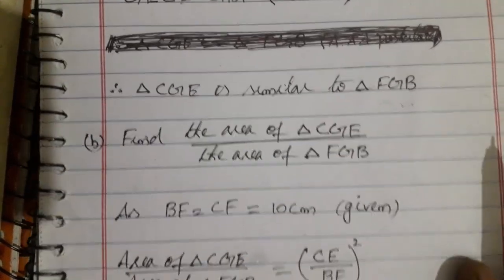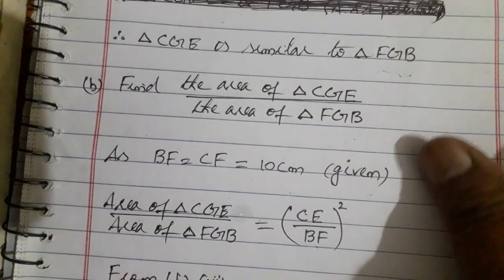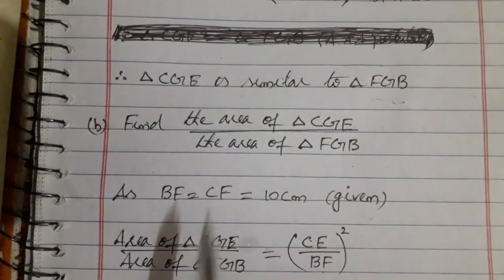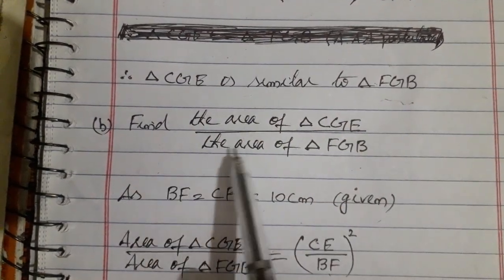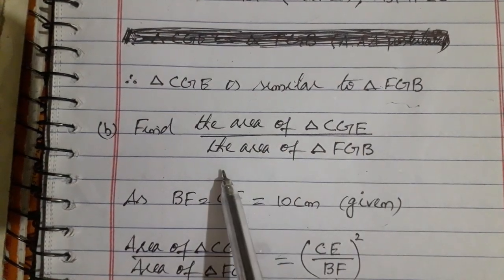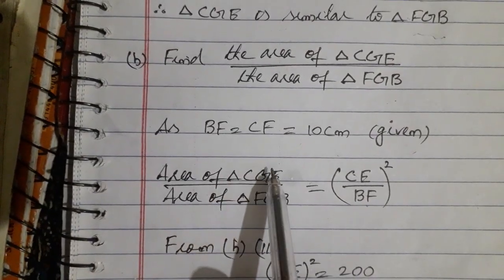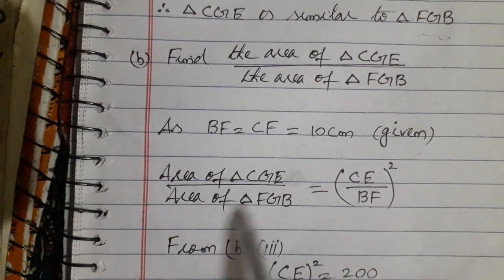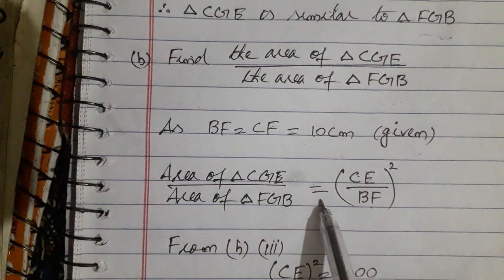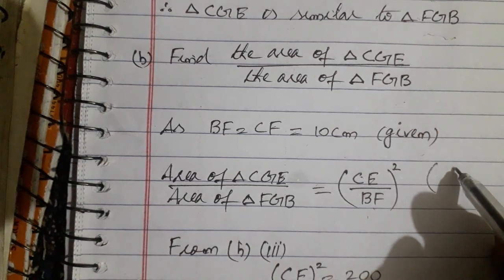Fifth part. Find the area of triangle CGE over the area of triangle FGB. As BF is equal to CF, which is equal to 10 centimeters as given in the figure, we use the technique of similarity.